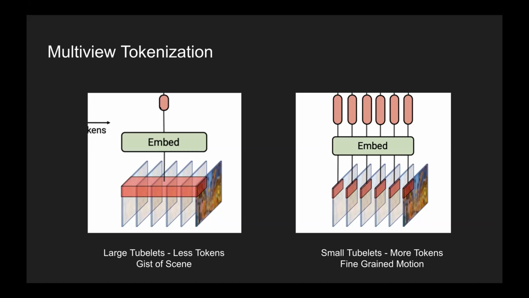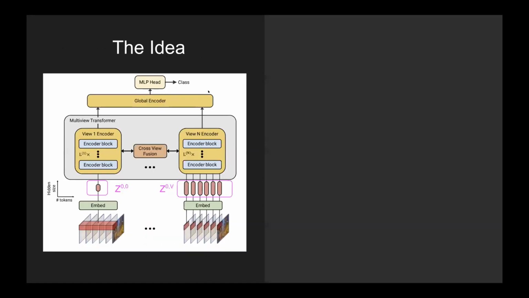After that, these tokens are passed through the multi-view transformer. Here, these tokens are given a special naming convention. The tokens out of the embedding layer and passed through the 0th view are referred to as Z00, which means they are 0th layer tokens in the 0th view, and similarly for the 0th layer and Vth view.